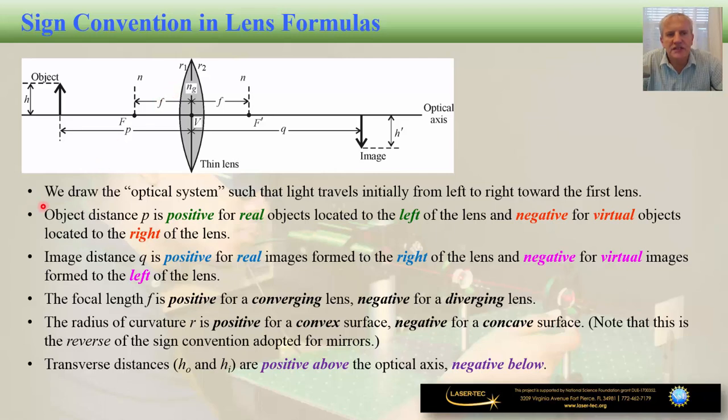The second rule is that the object distance p is positive for real objects that are located to the left of the lens and negative for virtual objects that are located to the right of the lens. On the other side, the image distance q is positive for real images that are on the right of the lens and negative for virtual images that are in front of the lens.